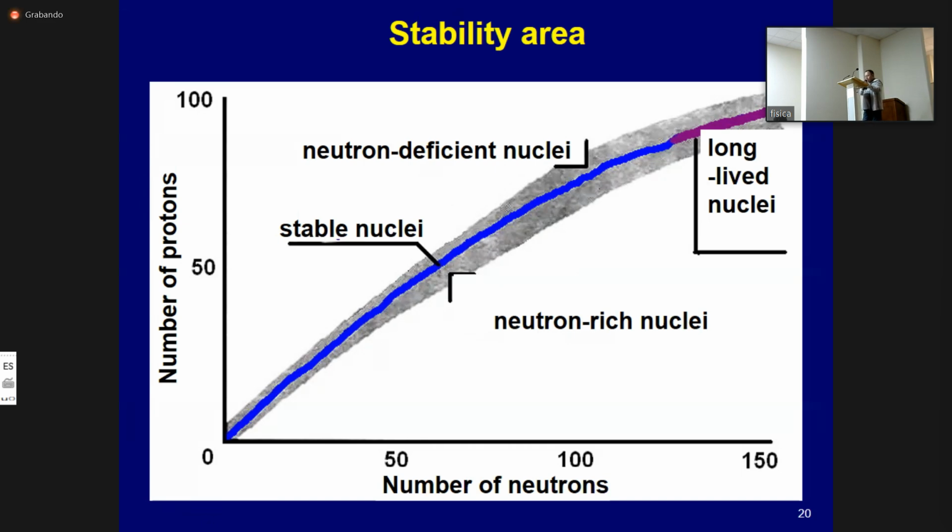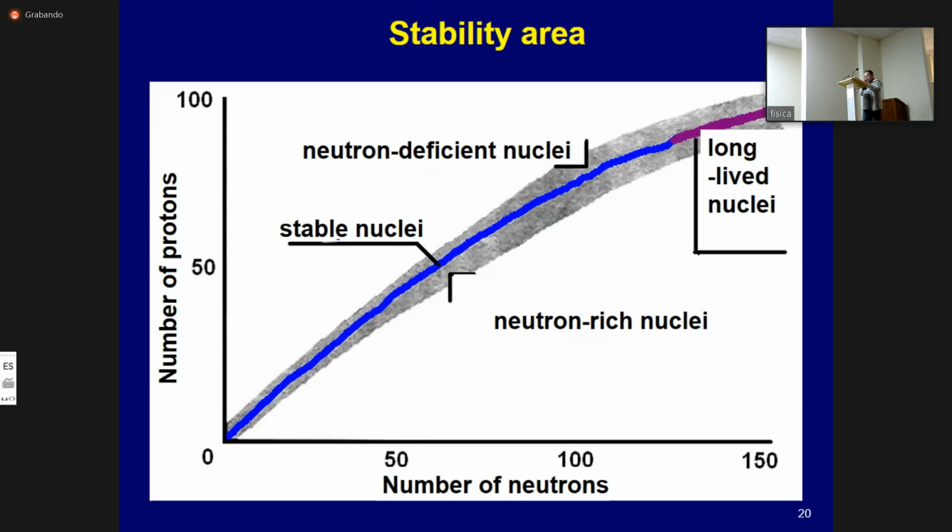In light nuclides, in stable nuclei, the number of protons and the number of neutrons is almost the same, approximately equal, Z and N. Starting with A greater than 40, usually the number of neutrons is bigger than the number of protons.